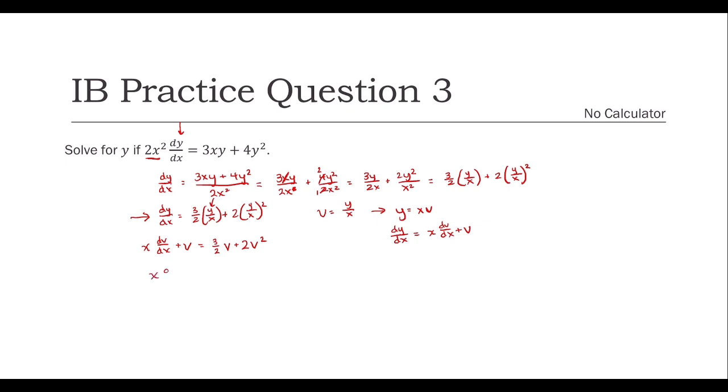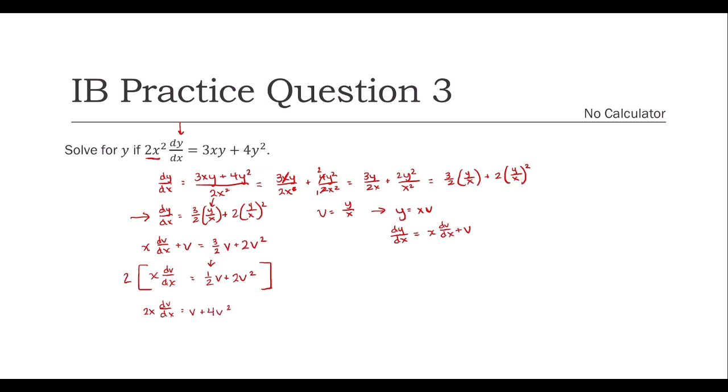So we get x dv/dx equals 3/2 v minus v, which is 1/2 v, plus 2v². To get rid of our fraction here, we'll multiply both sides by 2. So we have 2x dv/dx equals v plus 4v².